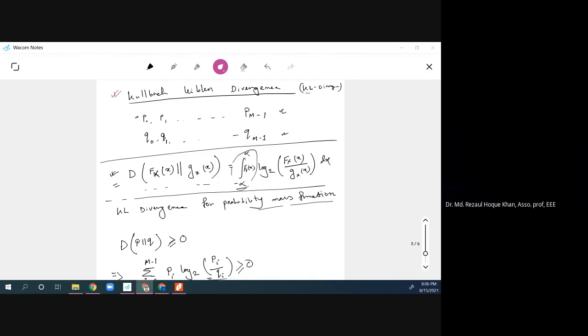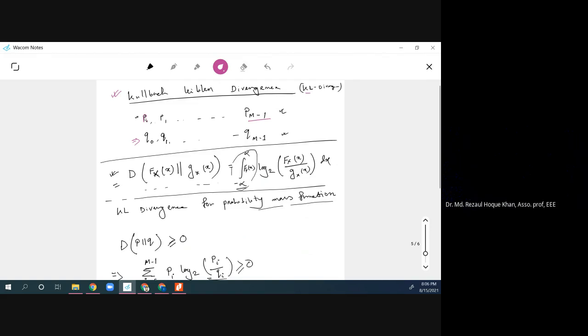So it gives a measure of how one probability distribution is different from a second, or reference, probability distribution. It means if you have two probability distributions p0, p1, p2 up to p m minus 1, or q0 and so on, by Kullback-Leibler divergence we will find how one probability distribution is different from another one.